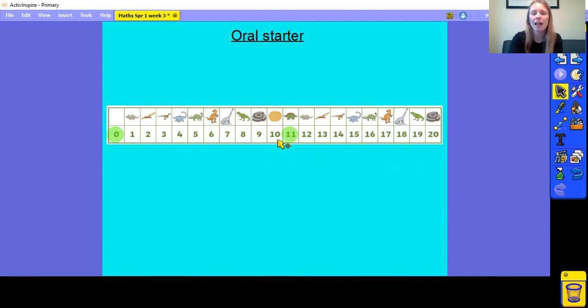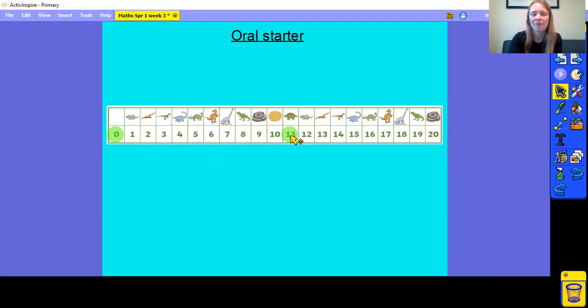This time, let's count backwards. That means our numbers are going to be getting smaller. Off we go. 11, 10, 9, 8, 7, 6, 5, 4, 3, 2, 1, 0.